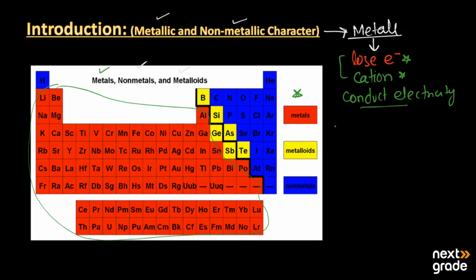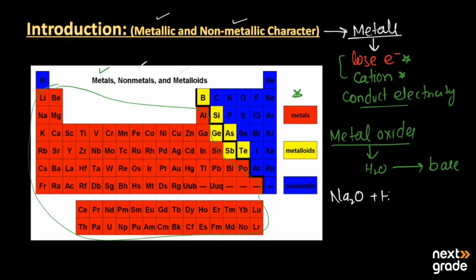On the other hand, the second thing about metals is the metal oxides. When metals react with oxygen, they change into metal oxides, and when these metal oxides react with water, they produce bases. A simple example is sodium oxide.